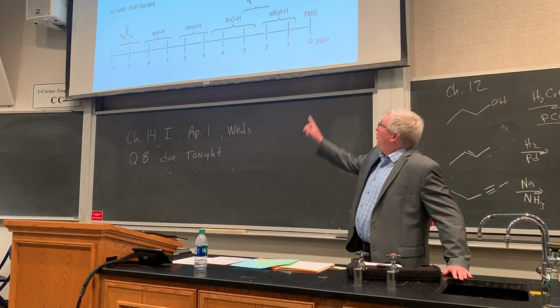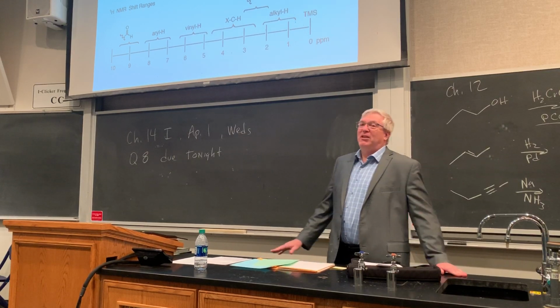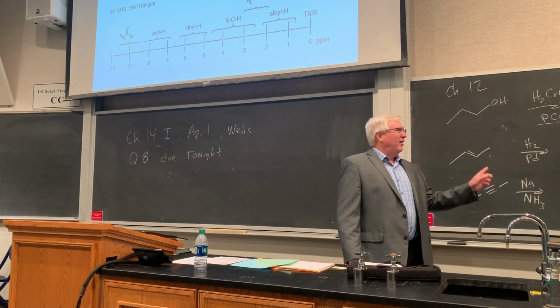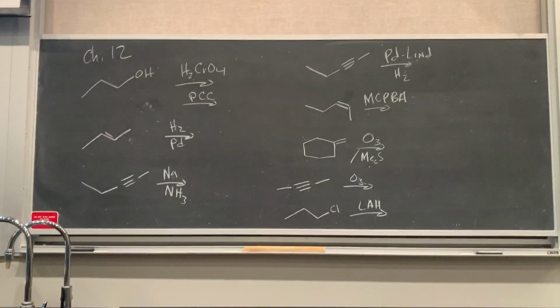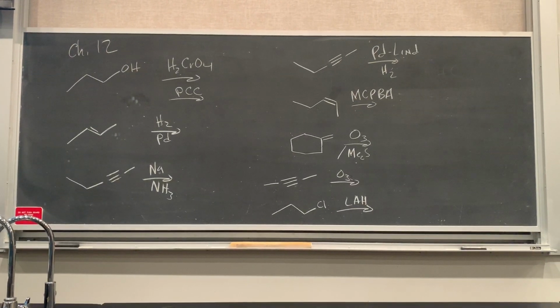Yes, we'll go through the outline first of chapter 14, but first let's do a little review of chapter 12 reactions and see if you can get the correct products. You can pause it at this point and try to go through it and see if your answers correspond to mine. And I'll point out a few things here.